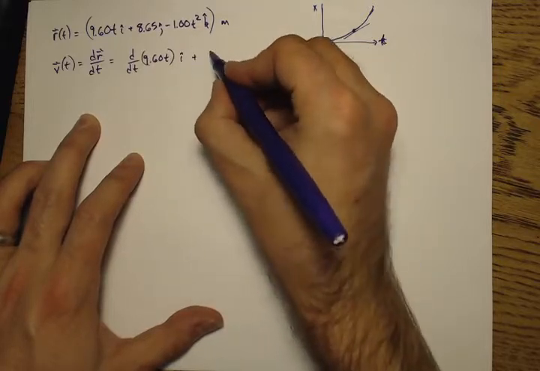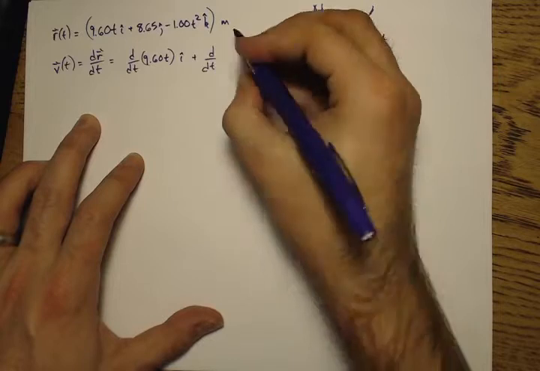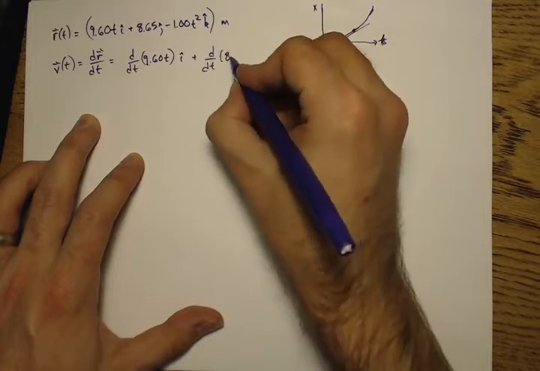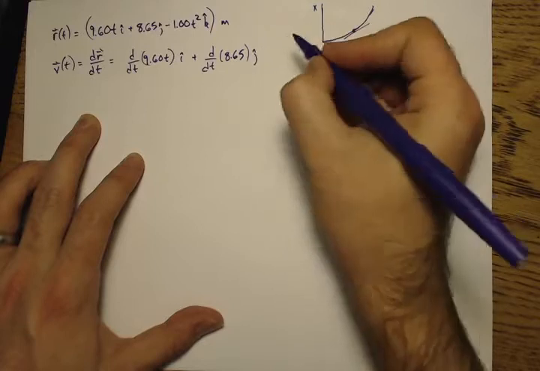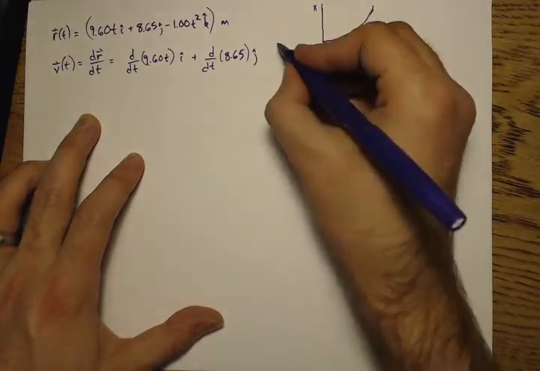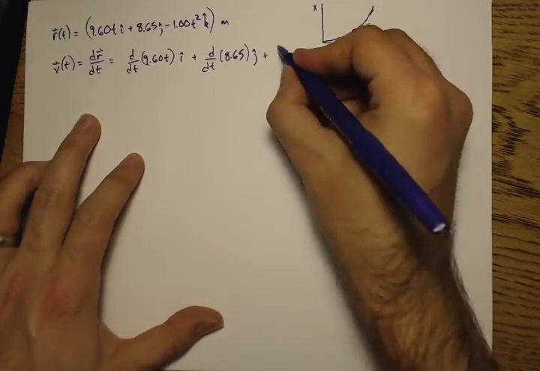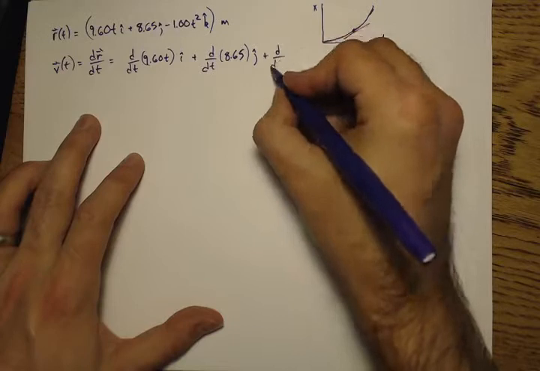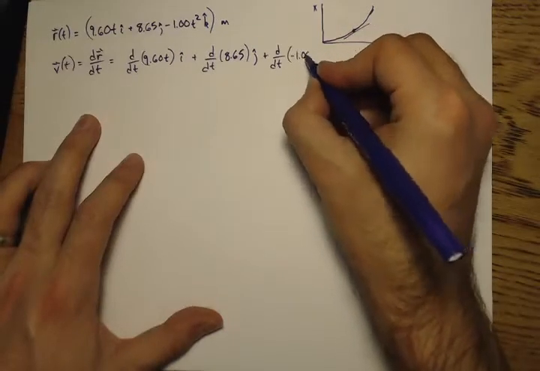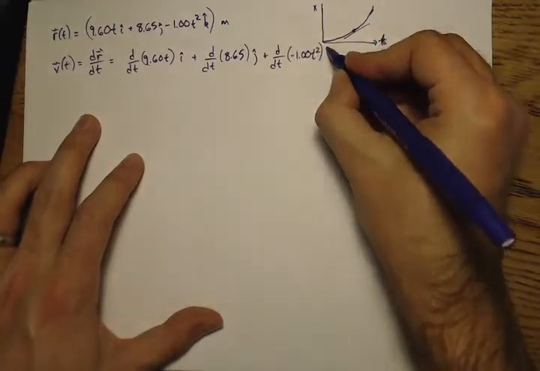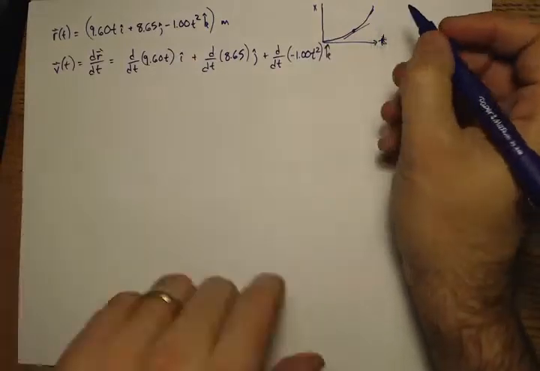And then I'm also going to take a derivative with respect to time of the y component, 8.65 j hat direction, and then I'm going to add a negative number, take the derivative of negative 1.00 t squared in the k hat direction.